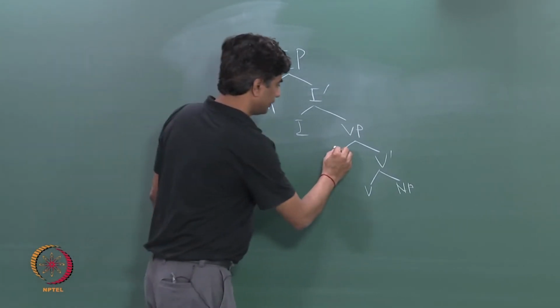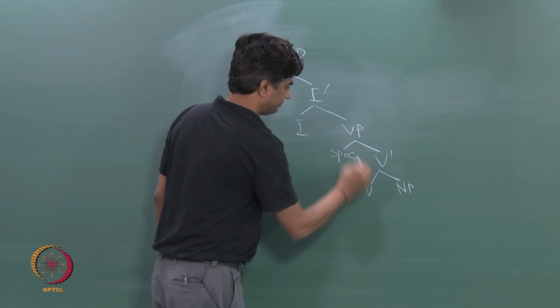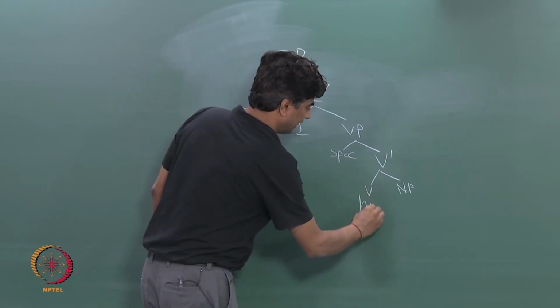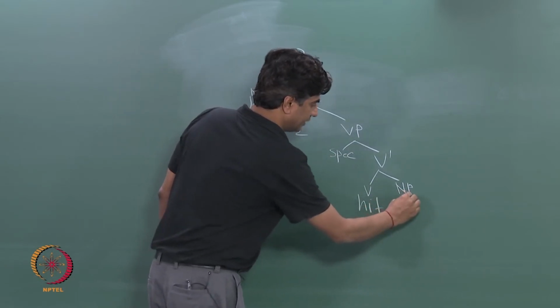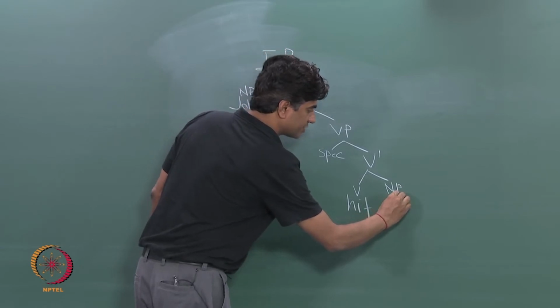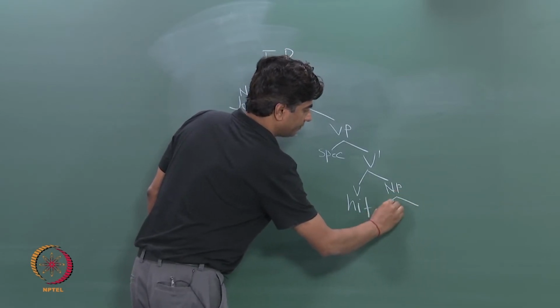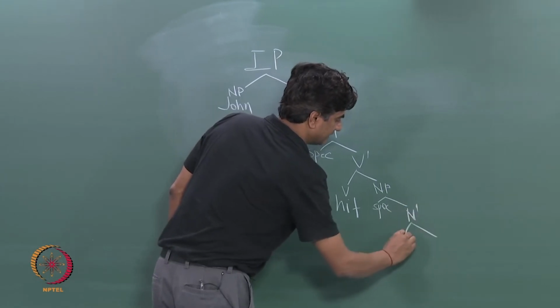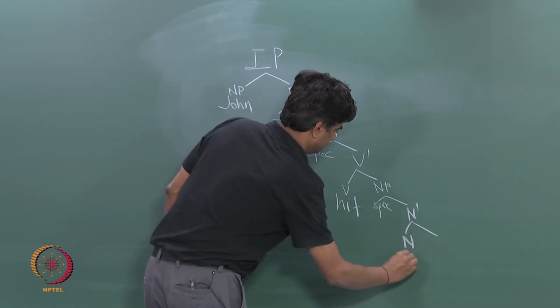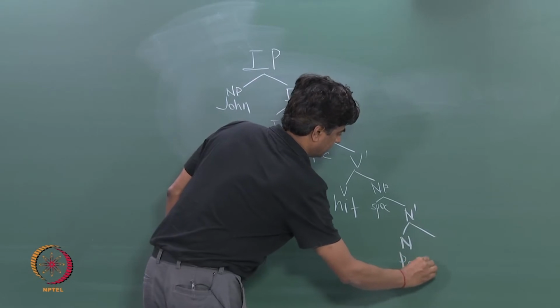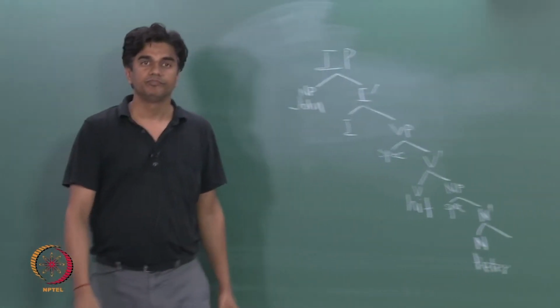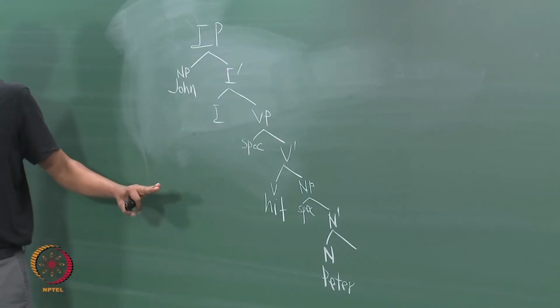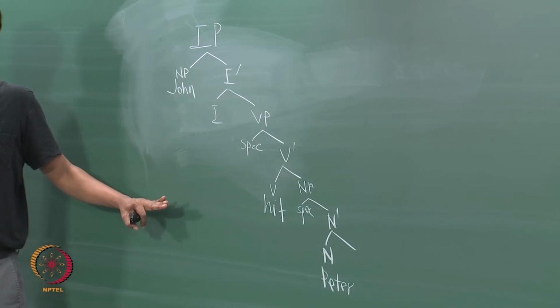And then we have the verb hit, and it has an object which is an NP, and this object is Peter. Do we have this structure, everybody?